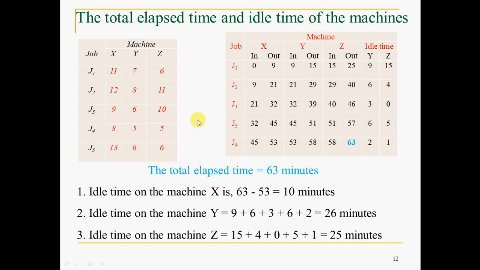You cannot go on checking all those. So by following this optimal sequence, this is the lowest elapsed time. You cannot go lower than this. So as I told, you can minimize the elapsed time or idle time by following the optimal sequence.